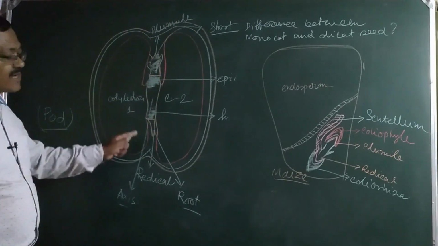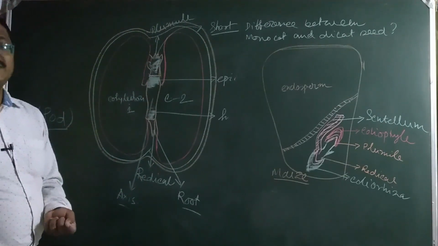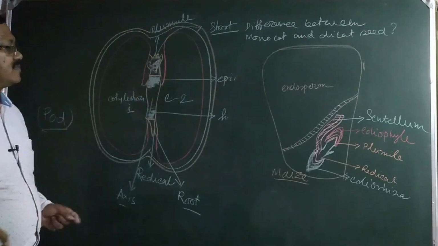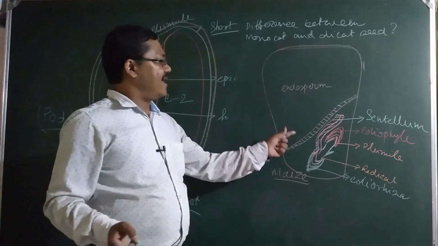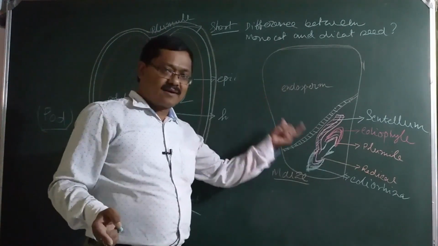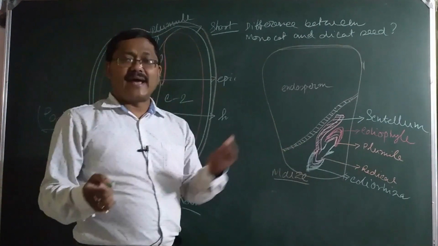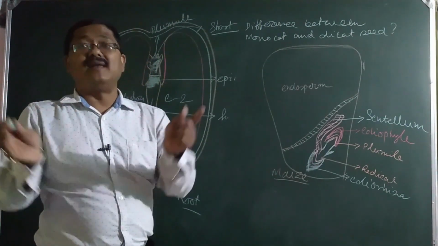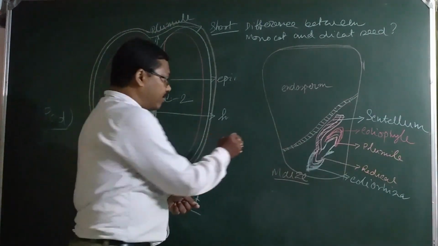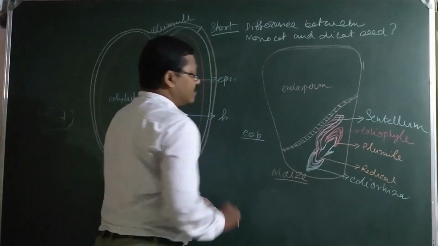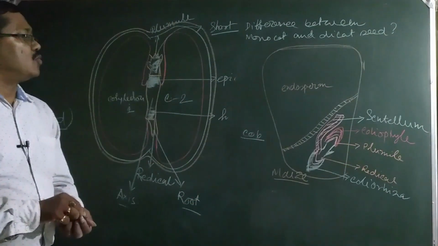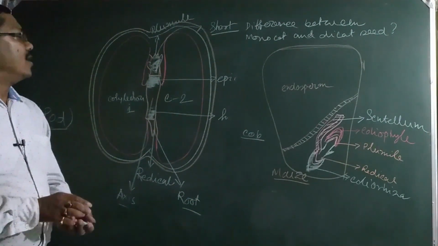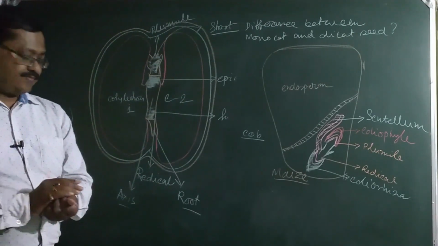A pod contains 5 to 10 or 12 seeds within a single pod. But here this is a single grain, and several grains are arranged in a female inflorescence called a cob. So these are the main two differences between monocot and dicot.